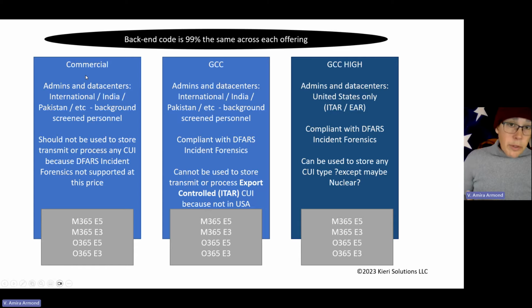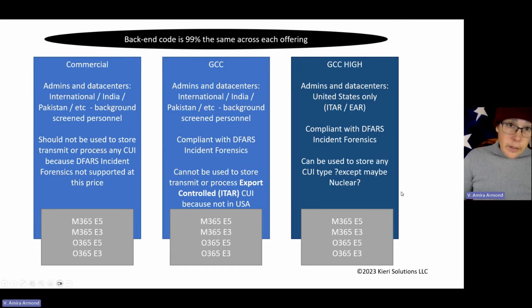It just means that it's performing all of those security controls from 853. And we can say that each one of these has been third-party assessed to be performing those 325 security controls, and that they have a shared responsibility matrix and system security plans available to their customers.